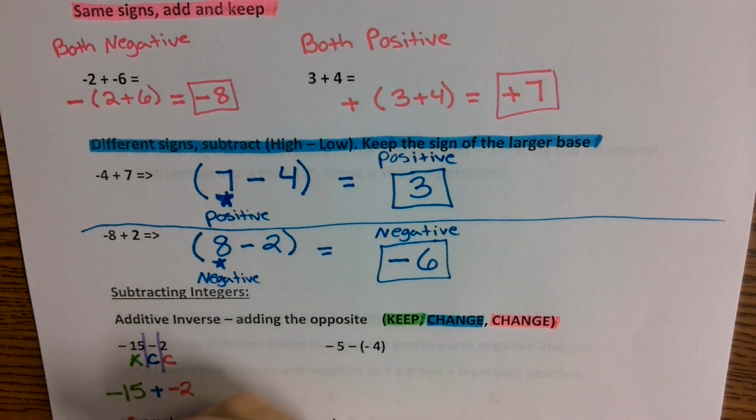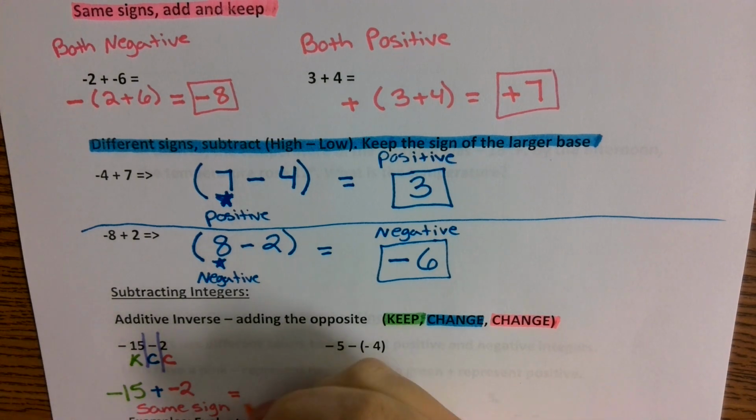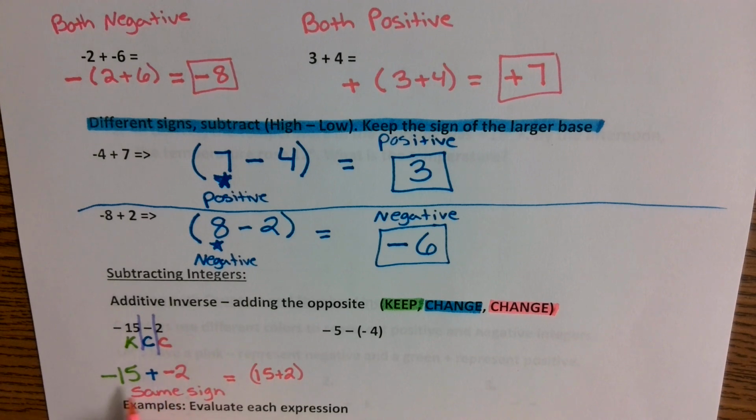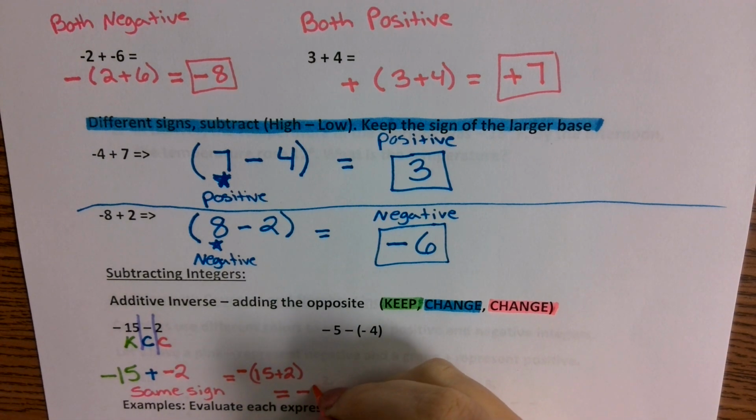So I'm going to follow the same signs rule. That means I'm going to add the 2 numbers together. I'm going to add 15 and 2 together, and I'm going to keep my answer what? Is my answer going to be positive or negative? Negative. We're going to add and keep the sign. So my final answer is negative 17.